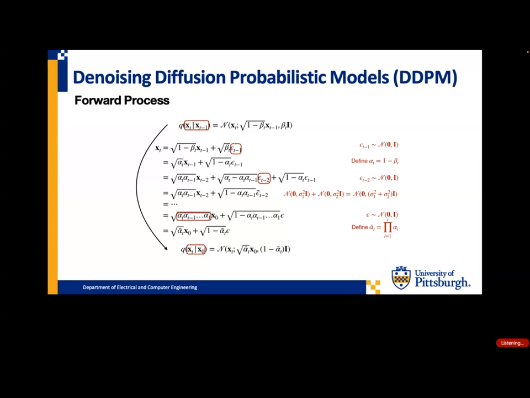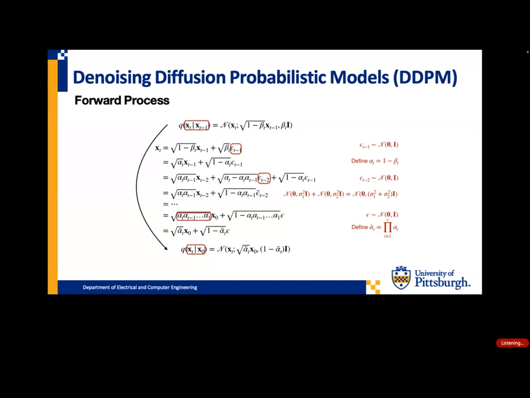This is the first noise we added, and this is the second noise we added. Both noises follow the normal distribution, a 0 to 1 normal distribution.